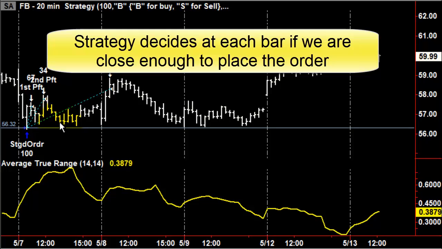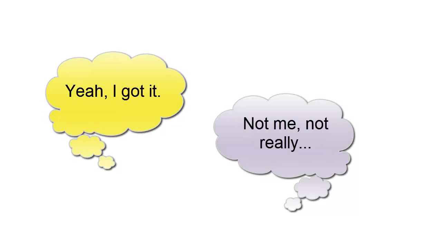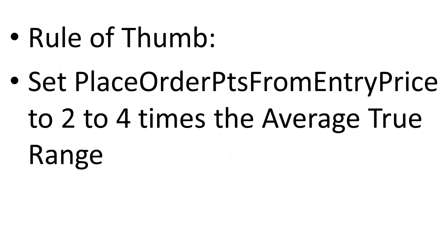So your entry order should only be in the market when you're fairly close to your entry price. So whether or not that really made all that much sense to you, you can always use this rule of thumb. Set place order points from entry price to 2 to 4 times the average true range, and you should be good.